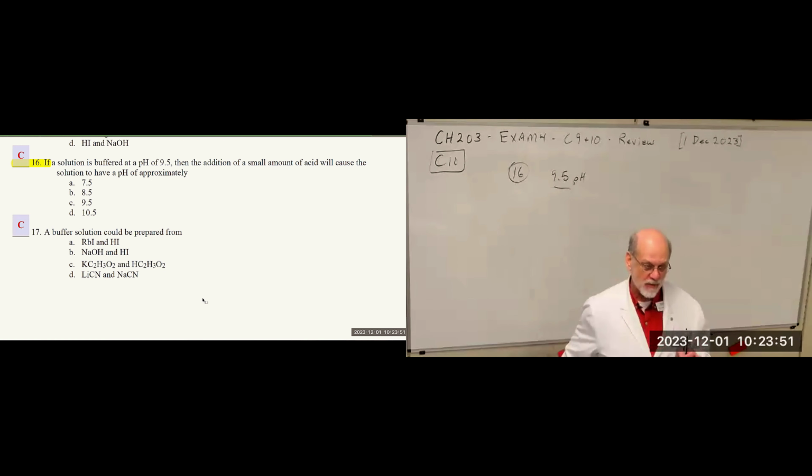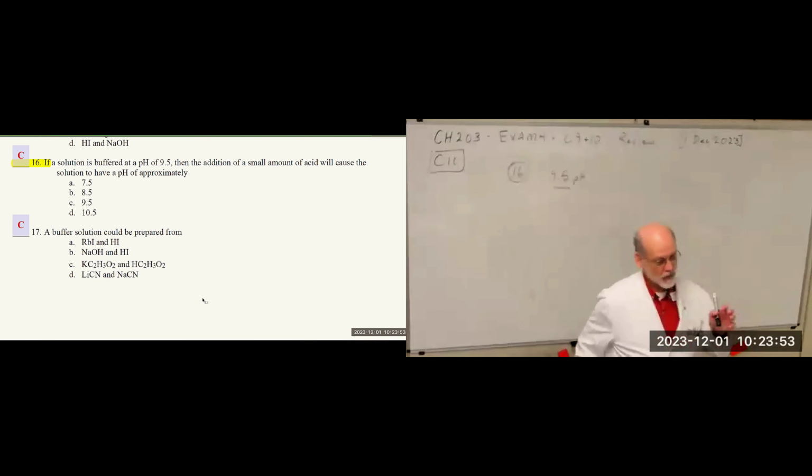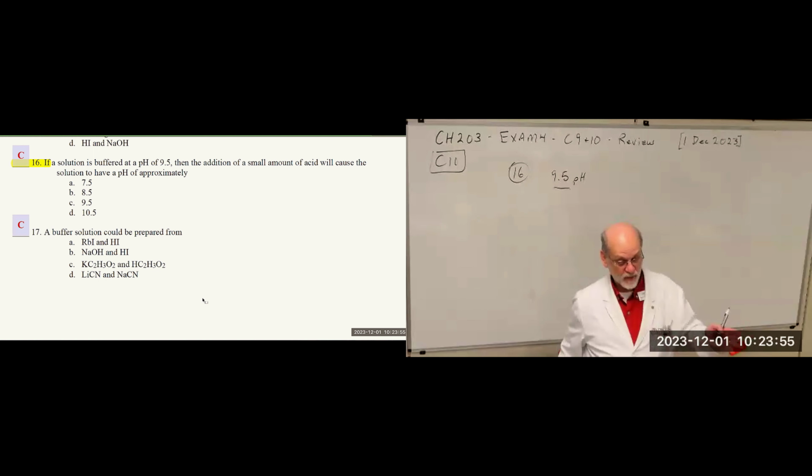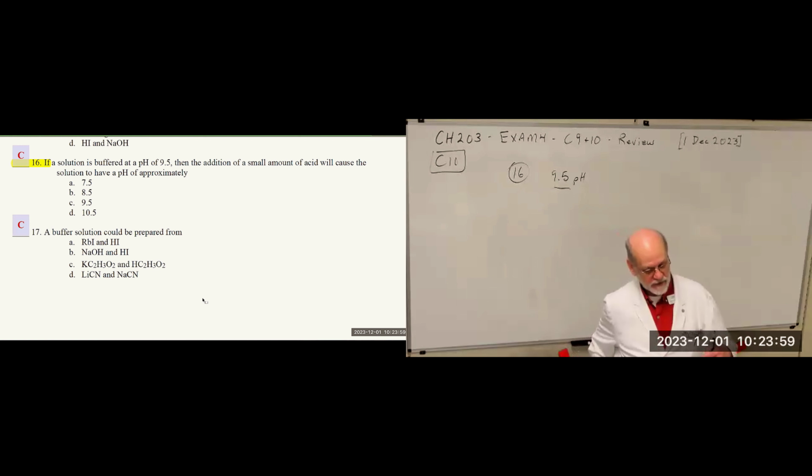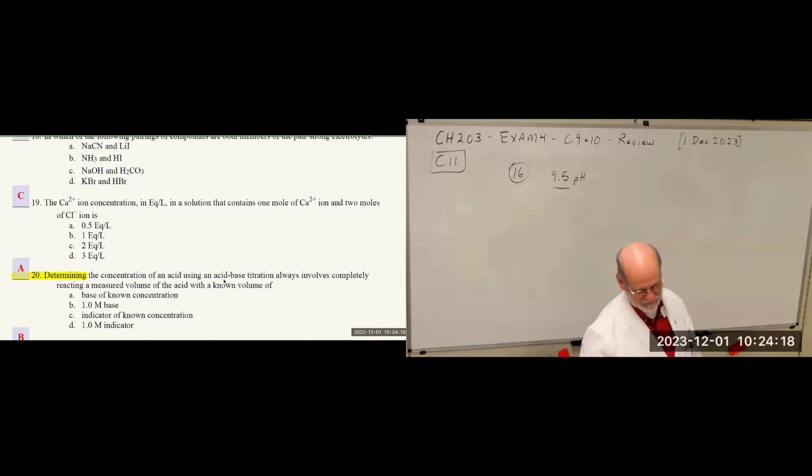They say a small amount of acid because you don't know where in the buffer range that 9.5 is located. If you had a lot of acid, you could exceed its capacity, and then the pH would drop precipitously once you're outside that buffer zone. So we said a small amount of acid.